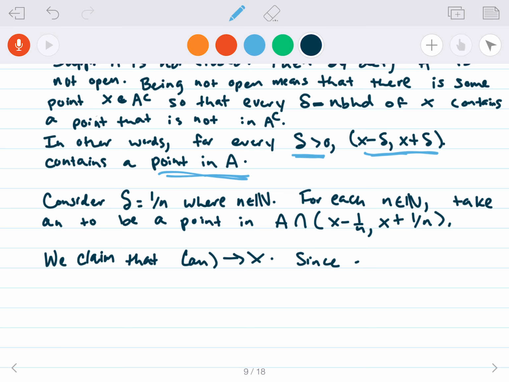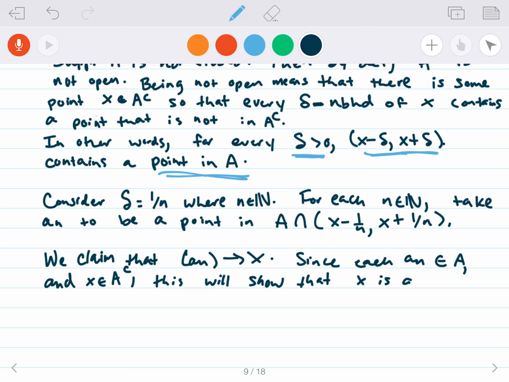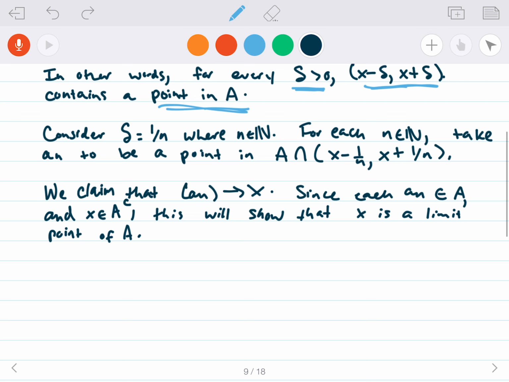Since each a sub n is in A, and x is in the complement of A, this will show that x is a limit point of A. And because x was in A complement, this will show that A doesn't contain all of its limit points. All right? So let's go ahead and do this.